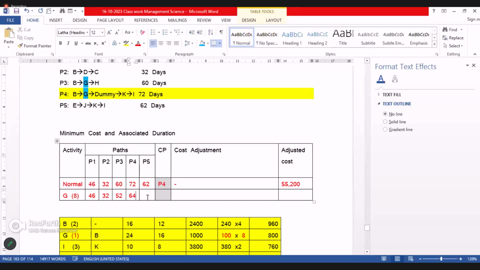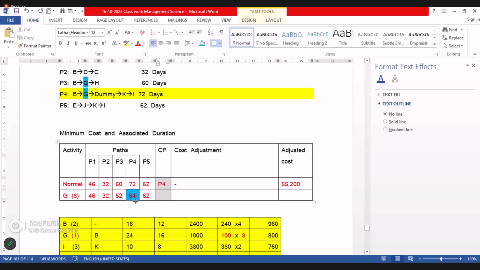P5, 62, no change. So now what is the critical path? Only P4 is the critical path.